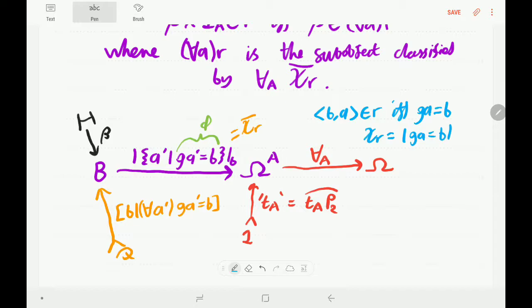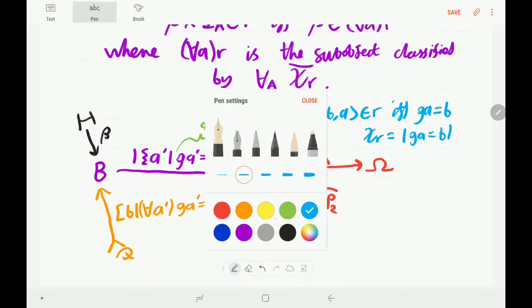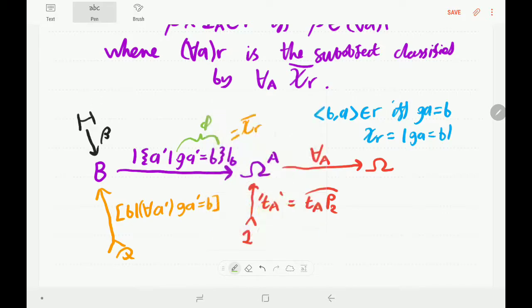And then this kind of set builder notation is just going to be the transpose of chi R.